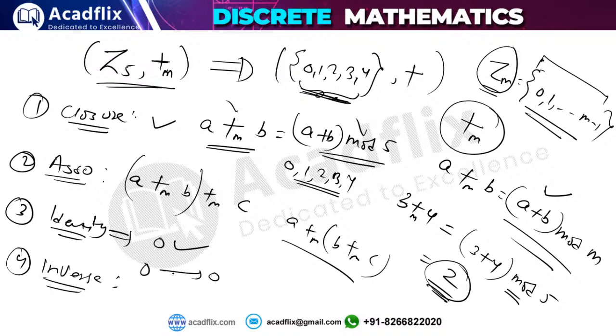See, 0 has the inverse 0. What is the inverse of 1? Let's check it out. I want to find the inverse of 1, so let's assume that the inverse of 1 is b. Then 1 plus b mod 5 should equal 0, because 0 is the identity element.